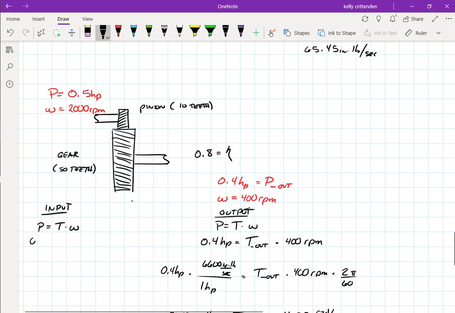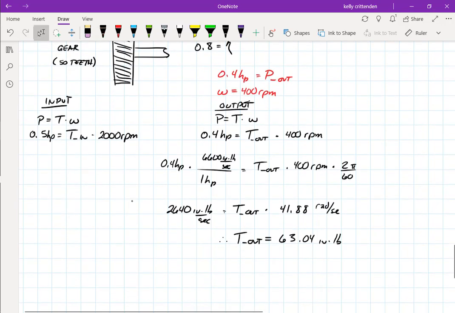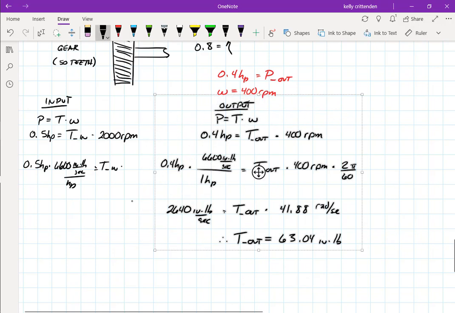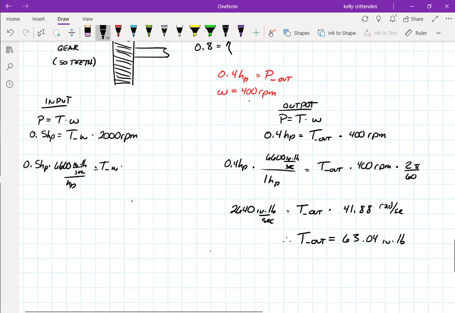And then the input torque over here: this is input, this is output. This one has half a horsepower going in, at a different speed, 2,000 revolutions per minute. Same thing: 0.5 horsepower times 6,600 inch-pounds per second per horsepower equals the input torque times 2,000 revolutions per minute times 2 pi over 60.